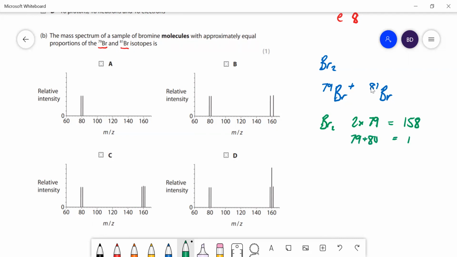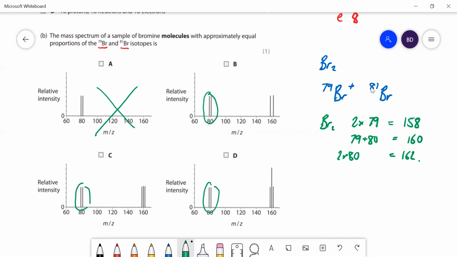That's going to give you an m/z of 160, and you're going to get 2 lots of 81. That's going to give you 162. So this one is obviously wrong because there are no diatomic molecules in there, but the others are all possible. They're all possible because, with roughly equal amounts of 79 and 81, that doesn't let us narrow it down at all.